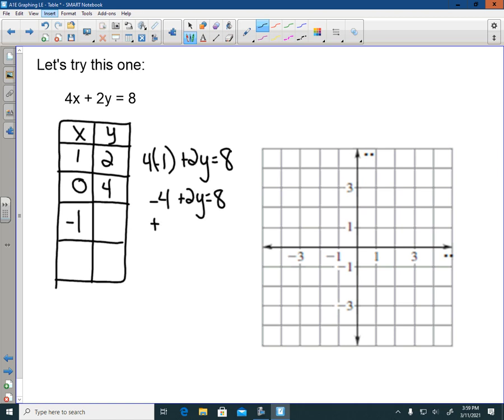Now we have to add 4 to both sides. That creates this cancellation, and we have 2y equals 8 plus 4, which is 12. Dividing by 2 gives us y equals 6.